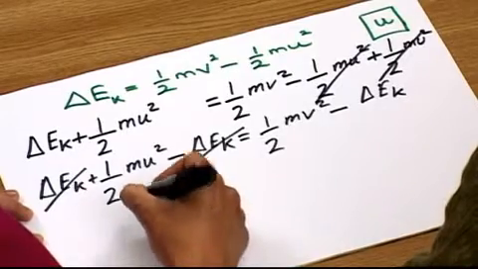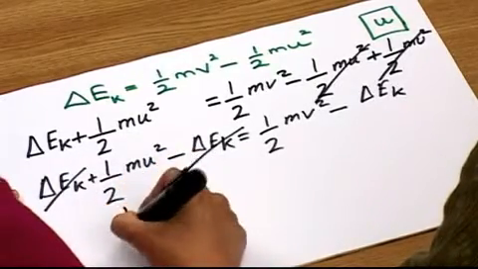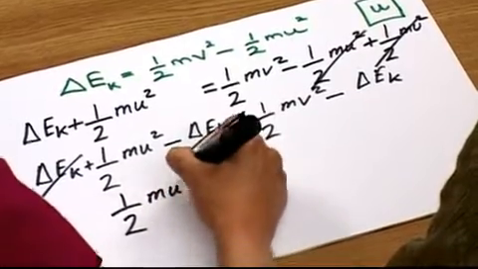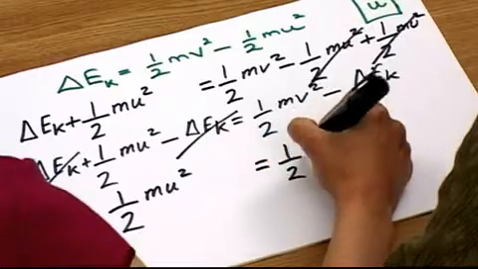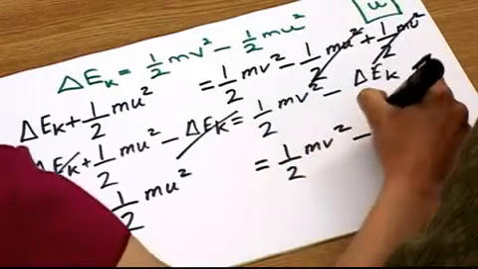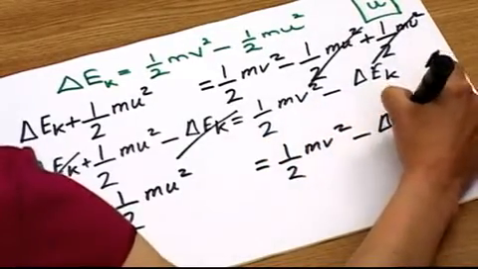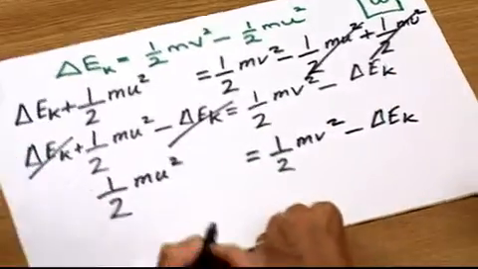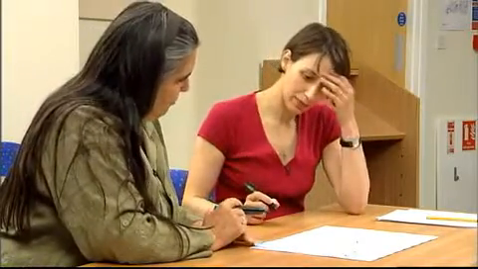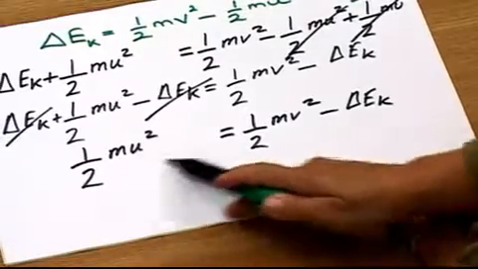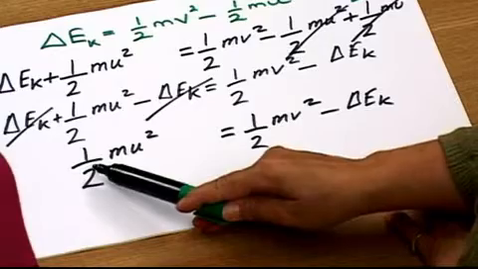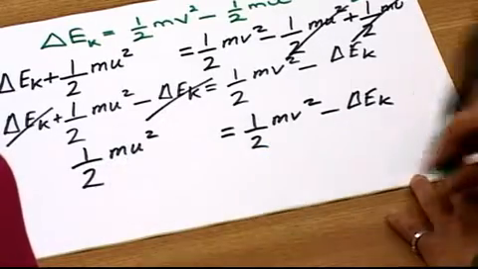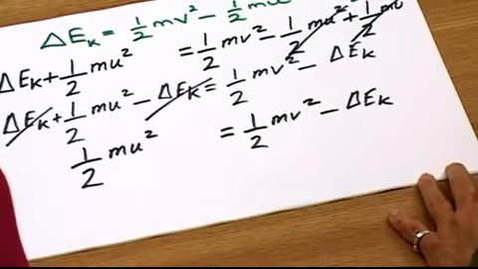So that leaves me with a half mu squared is equal to a half mv squared minus delta EK. Good, so now we're really making progress. Because you've only got one term on the left, at least. But you've still got half and you've got m in it. So what could you do next?